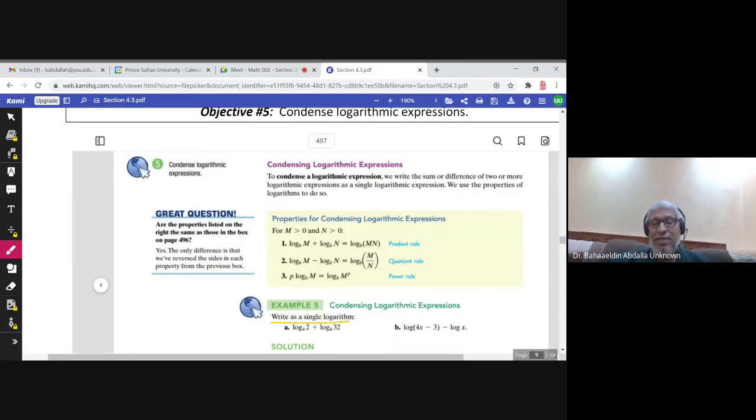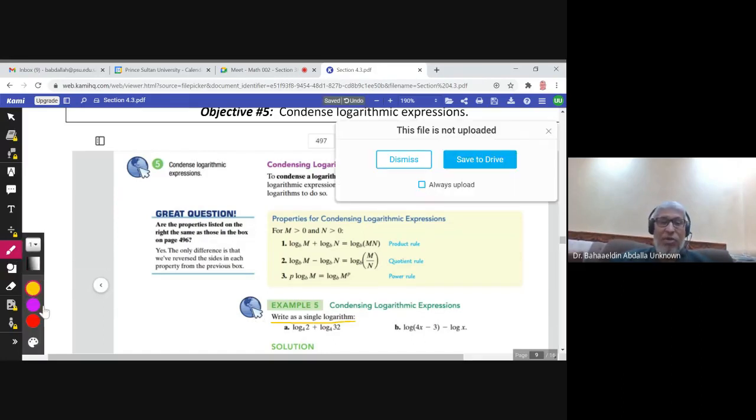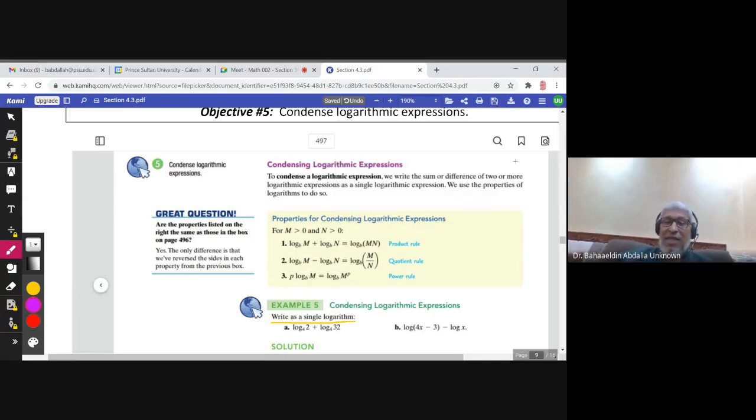Write as a single logarithm means we will condense. In the question, you will have two logs. If you have addition of two logs, you change the addition into one log with product inside.